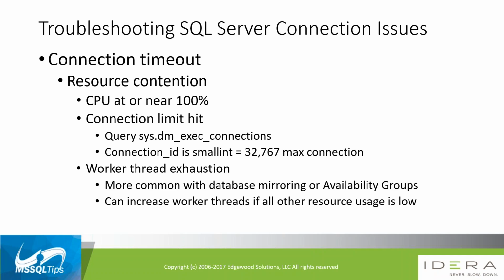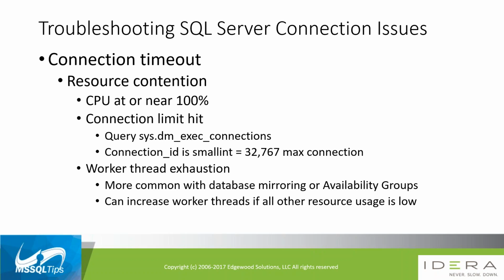If for some reason you find yourself running out of worker threads, but everything else is really low, like CPU is low, memory usage is low, network usage is low, you may be able to, I would only do this temporarily, increase the number of worker threads from the default, and that can help you get over the immediate problem till you can get a machine able to handle a bigger load.